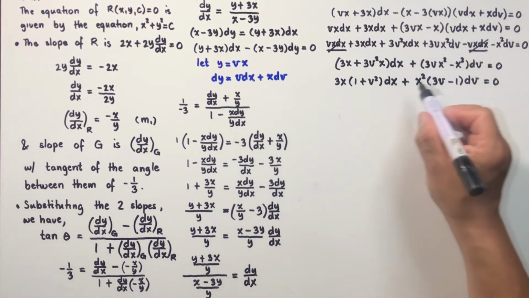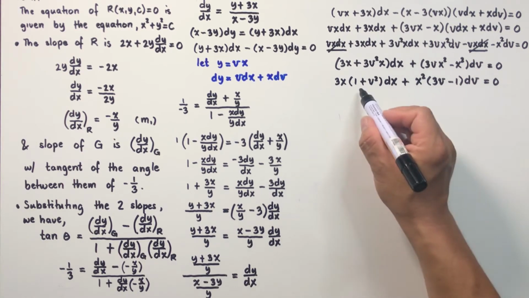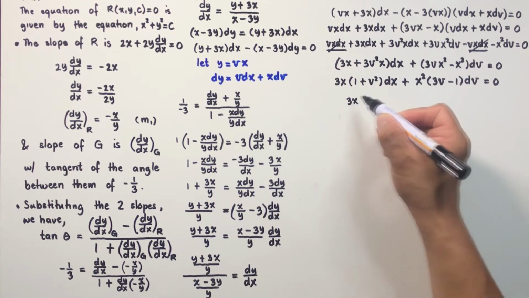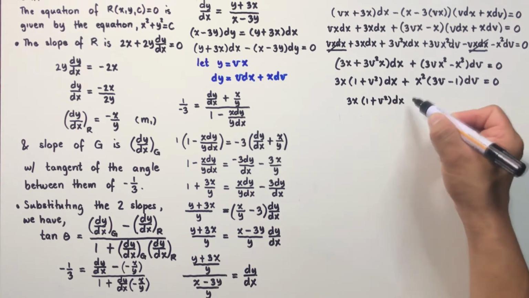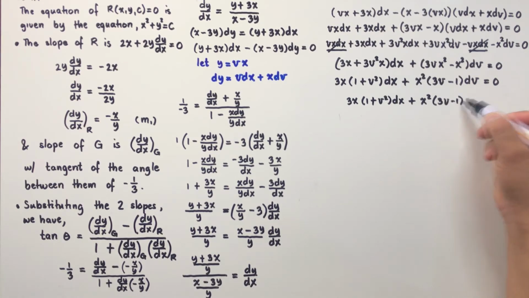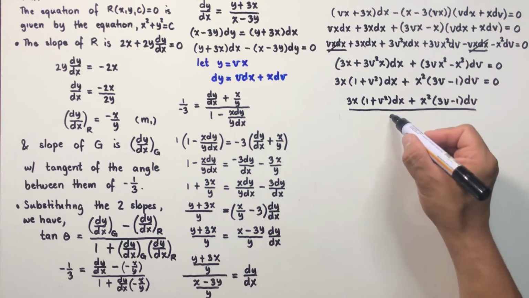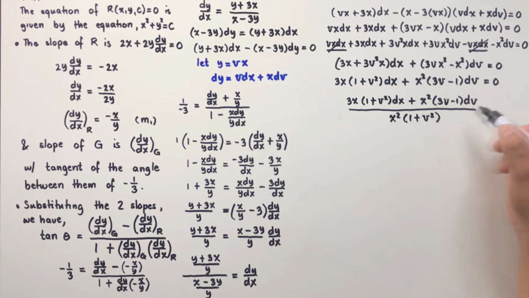And dividing both sides of the equation by the product of x squared and 1 plus v squared, we have 3x times (1 plus v squared) dx plus x squared times (3v minus 1) dv divided by the product of this x squared and 1 plus v squared, which is equal to 0 because 0 divided by this one is 0.